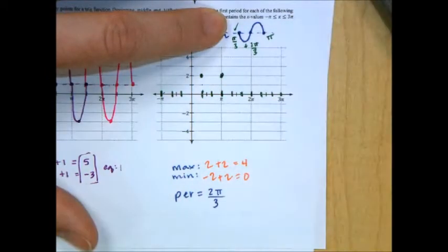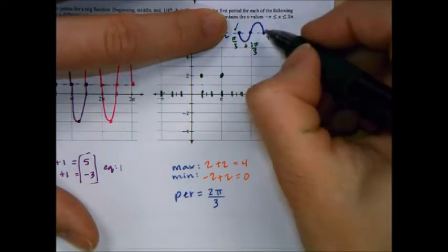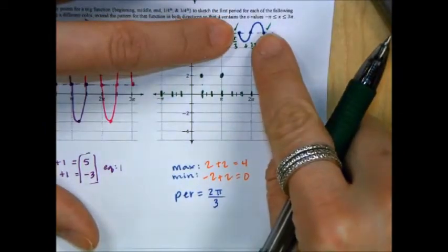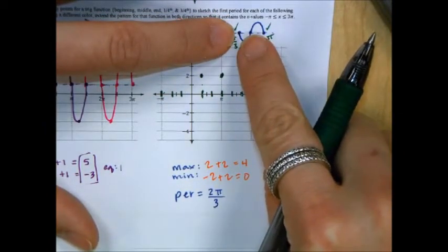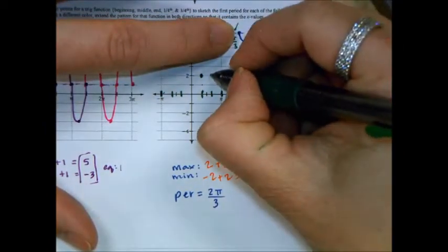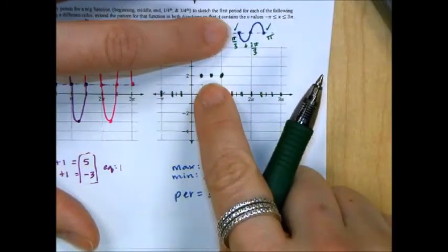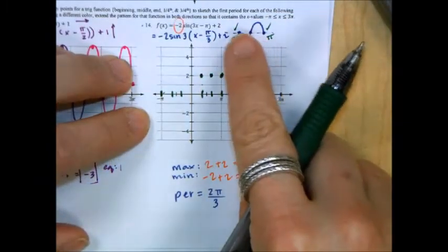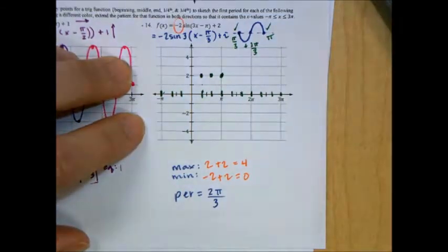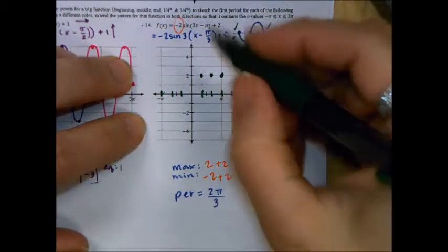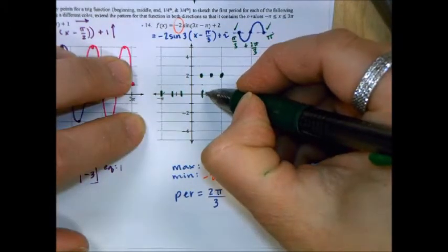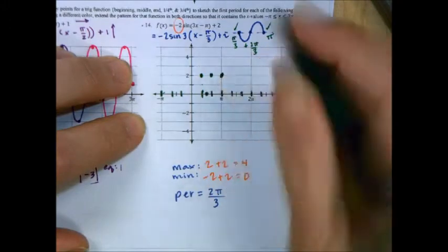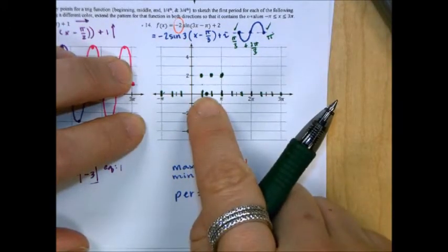Those are the first and last points of this curve. So there should be 1 right in the middle here. Right there. In between the first 2 points, we should have our minimum, which we determined was 0. So right here in the middle of these 2 points would be my x-intercept. And in the middle of these 2 points, my maximum would be 4.